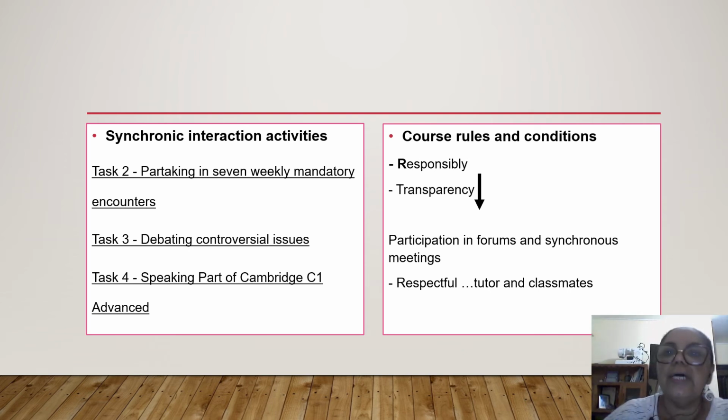About course rules and conditions. I think this course has very clear rules that invite the student to comply with the same responsibility, such as transparency and compliance with those aspects that are important in the academic process. This responsibility also refers to participation in forums and synchronous meetings.